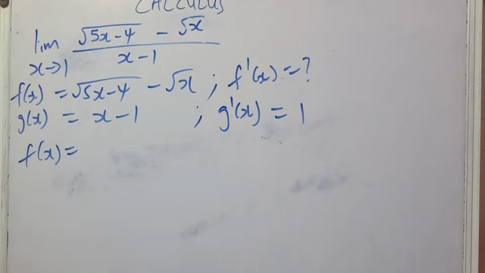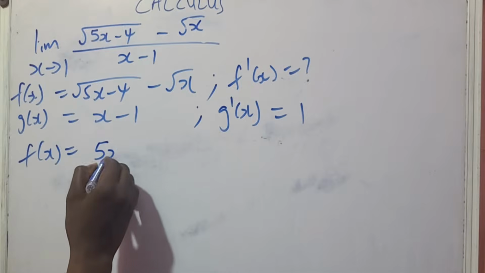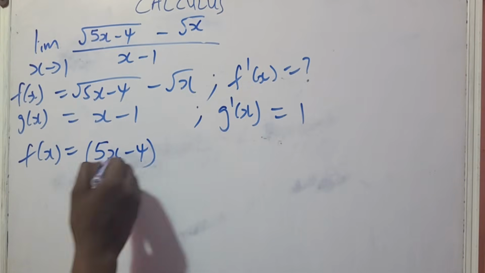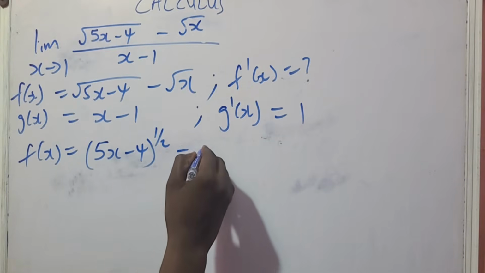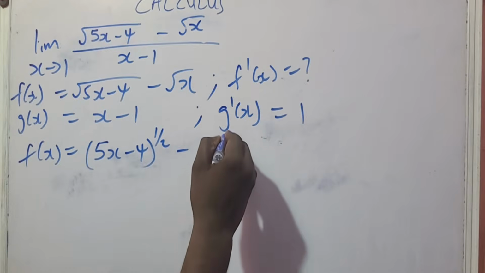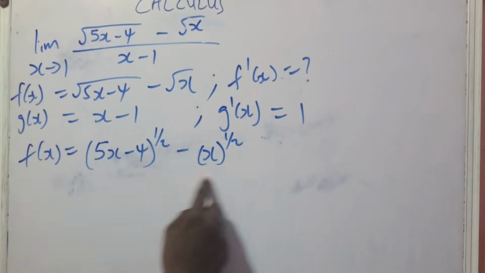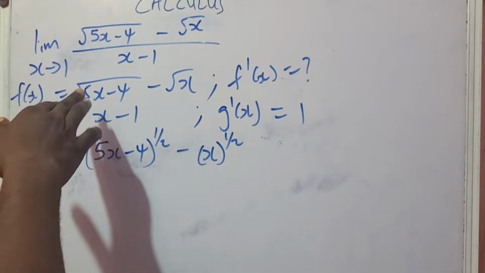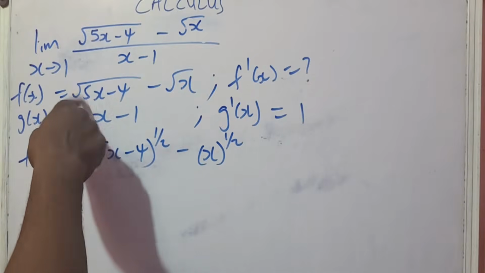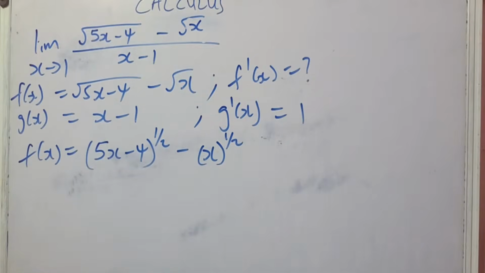I'm sure you agree with me that this is the same thing as 5x minus 4 raised to power 1 over 2 minus x raised to power 1 over 2. I'm sure everybody here agrees with this, that my function f of x is still the same thing as this, because when you have square root of something, it's the same thing as writing that whole thing raised to power 1 over 2. That's just basic mathematics.